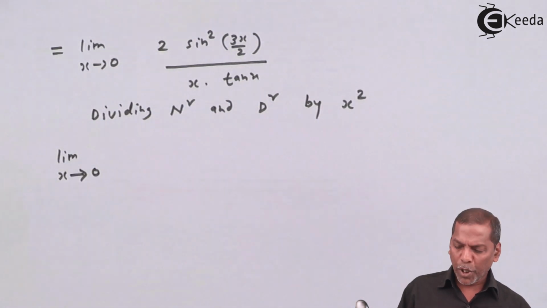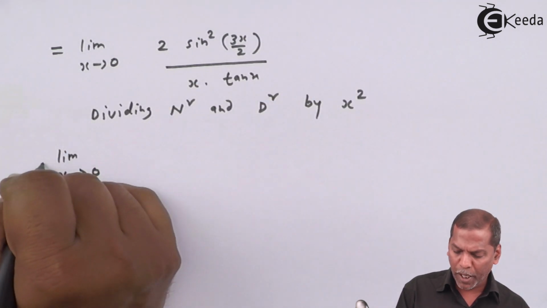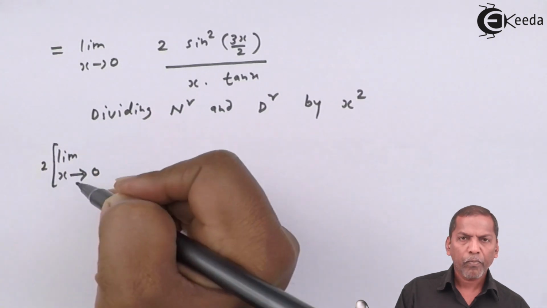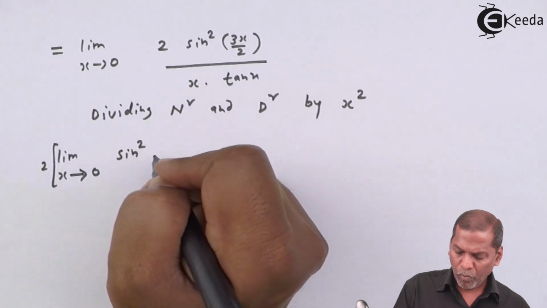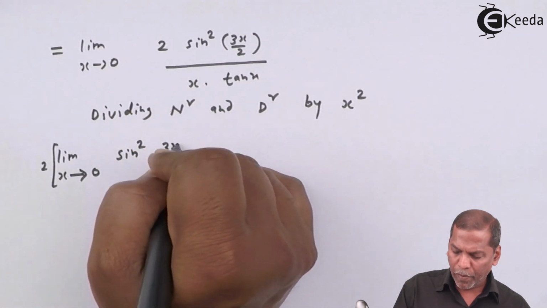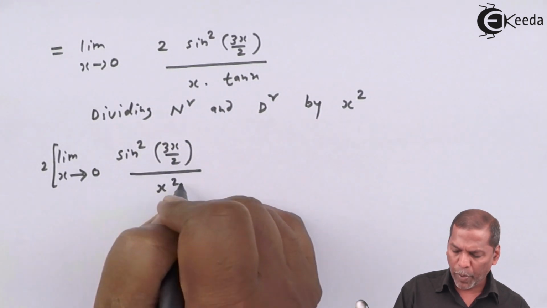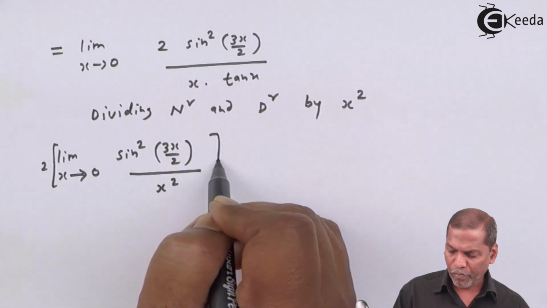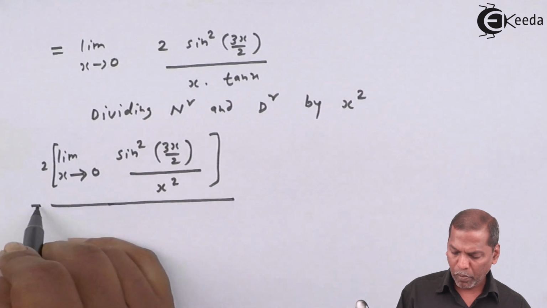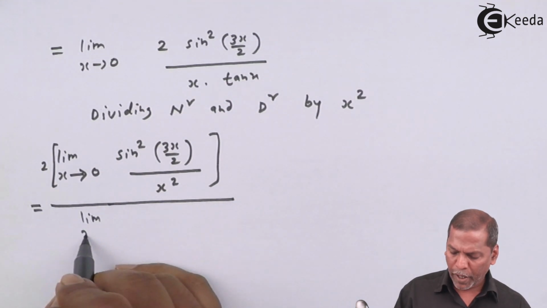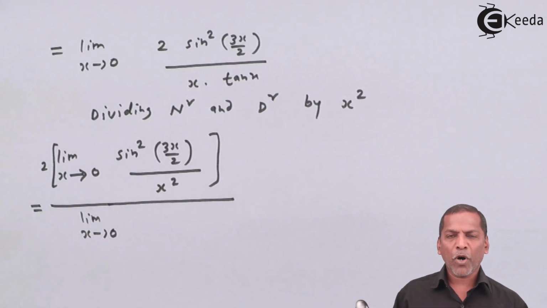So limit x tends to 0. In the numerator, 2 is a constant term, so we take it outside the limit. Then sine square bracket 3x upon 2, that divided by x square, bracket complete, upon limit x tends to 0 of x into tan x upon x square.